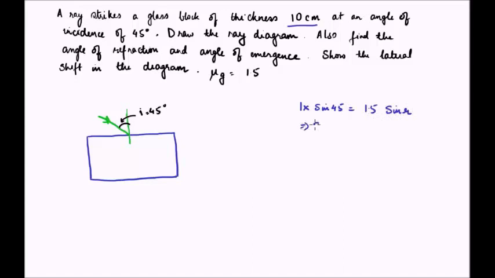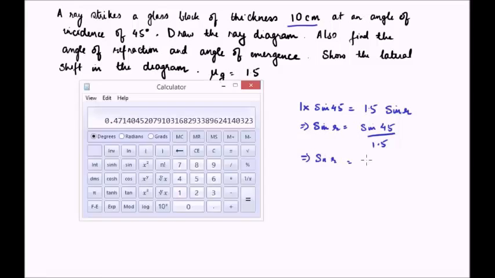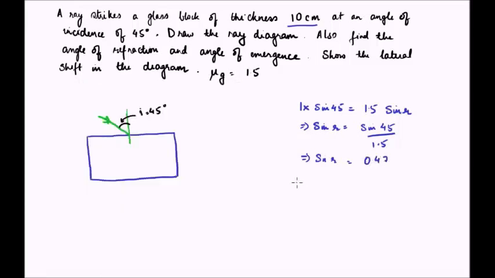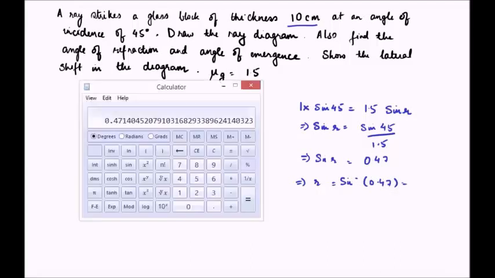This implies sine r is equal to sine 45 upon 1.5, so sine r is equal to 0.47. On taking sine inverse of 0.47, we'll get r to be equal to 32.6 degrees.